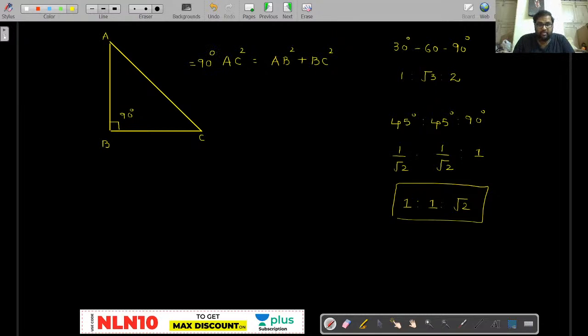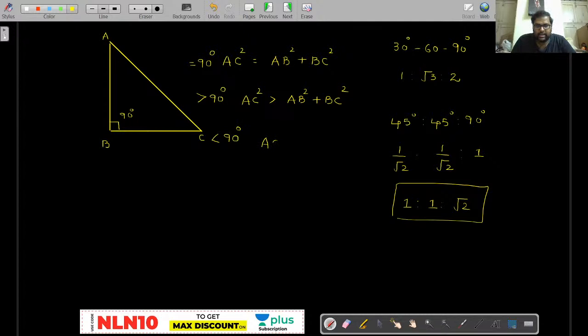Now, when the angle is more than 90 degrees, you call it an obtuse angle triangle. How will it be for an obtuse angle triangle? This will be AC square greater than AB square plus BC square. Now, if the angle is less than 90 degrees, this will be an acute angle triangle.